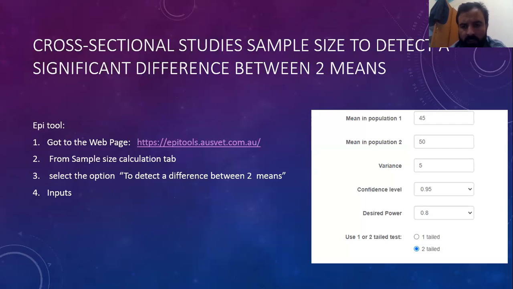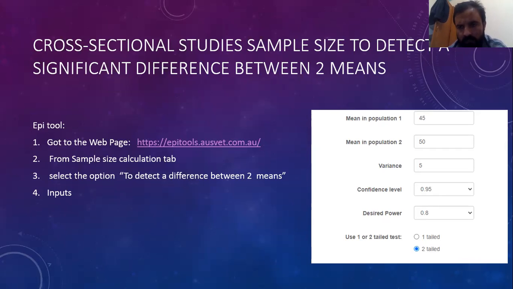Then we need to enter the following inputs. The first one is mean in population 1 and mean in population 2, and the variance, which is the combined variance for the two populations, and the confidence level, which is usually taken as 0.95, as we take the 5% error, and the desired power is taken as at least 0.8.